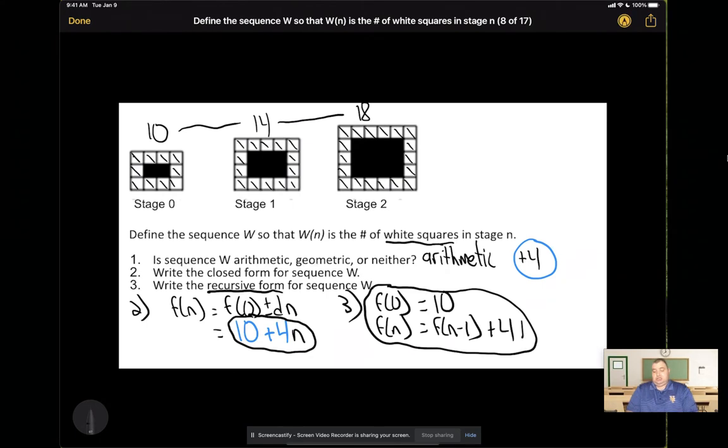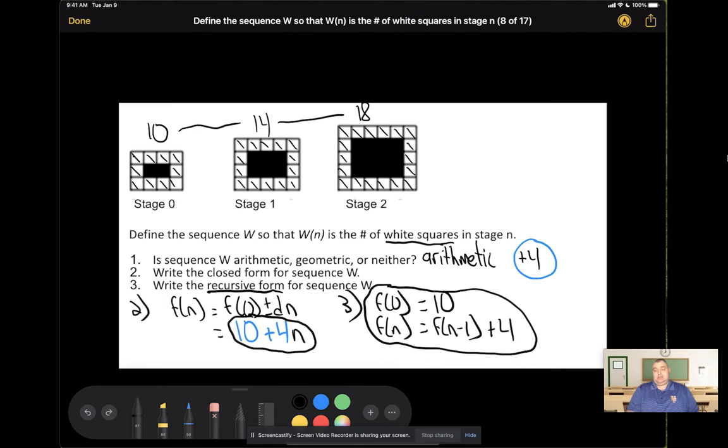If you were to just write that part, you would be partially correct, but you would not be fully correct. You have to write both parts of the recursive definition. I can't tell you how to get a term from the previous term if I don't tell you where to start. Okay? It's impossible to do, which is why you need both parts, the f of 0 and the f of n. So that's our first set of examples.